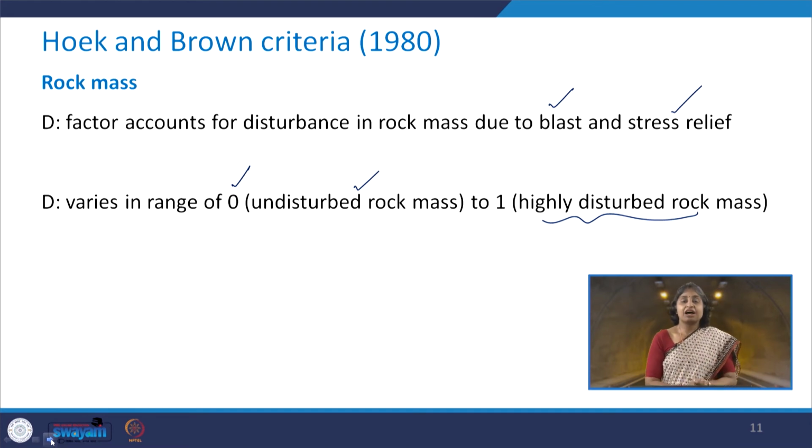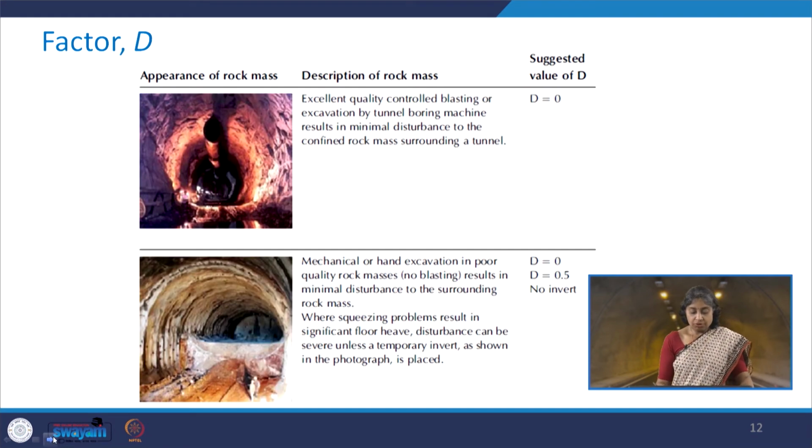So, let us see how we can get the value of D corresponding to various situations. Here, typical figures have been given showing the appearance of the rock mass, the second column describes the rock mass, and the last column gives you the value of D. If you have excellent quality controlled blasting and excavation, and the appearance looks like this, you can consider D to be equal to 0.